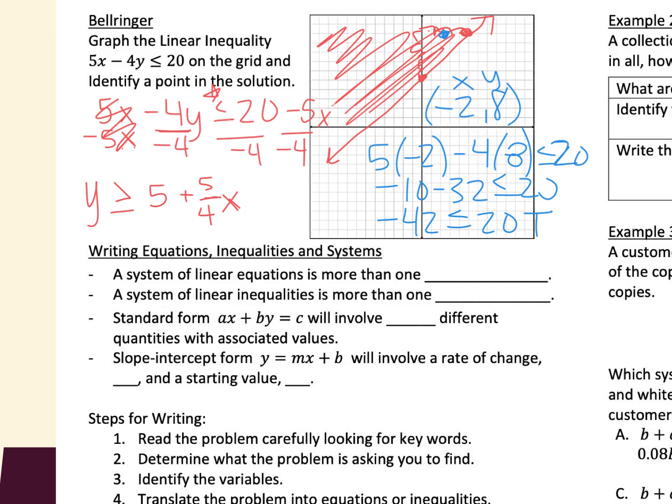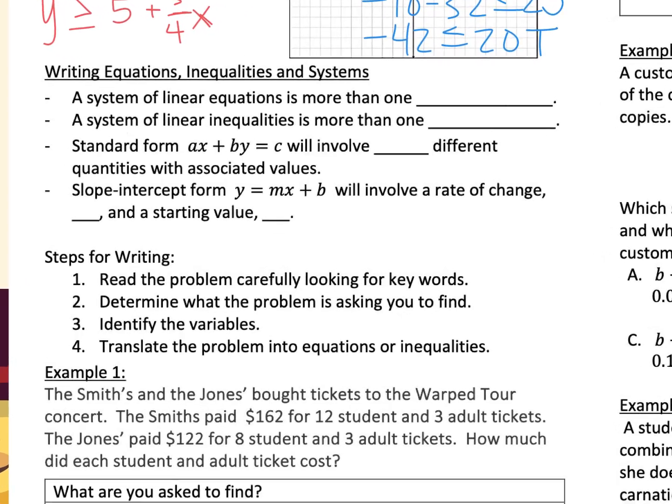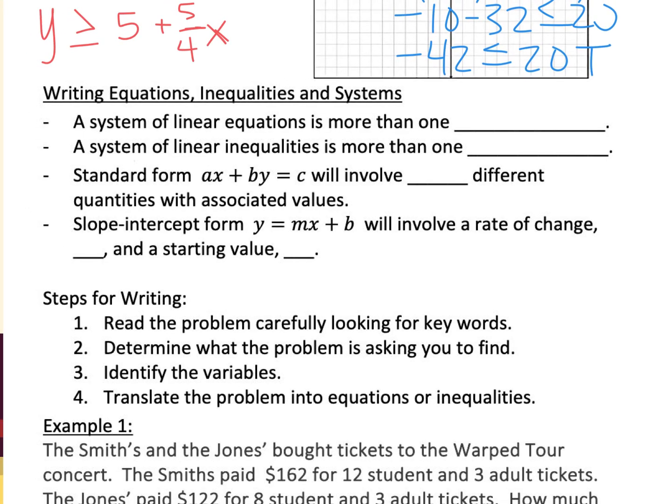As we talk about systems of equations, a system, just like when we did inequalities, is more than one. This is going to be an equation instead of an inequality. A system of linear inequalities is more than one inequality. So the difference is that one has an equals and one has an inequality symbol.